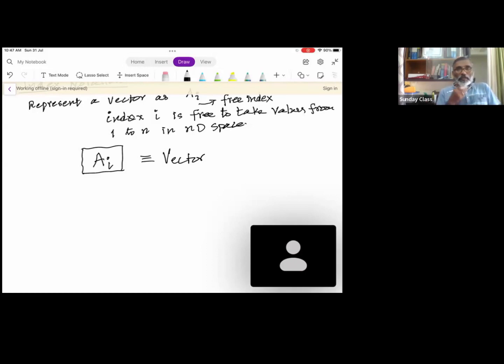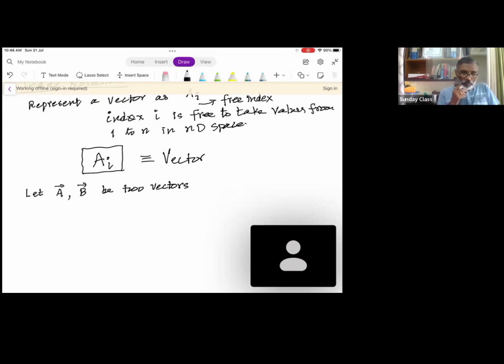Now let us look at another familiar concept in vectors. Let A and B be two vectors, in the familiar notation.